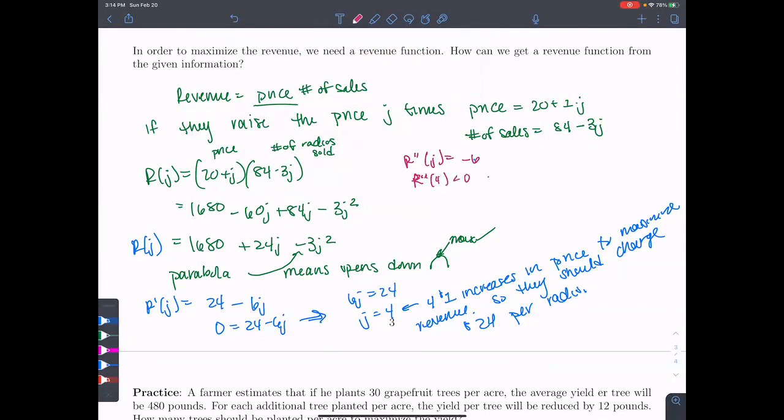So this is concave down like a frown, which means we would have our maximum that we're looking for. R of 4 is equal to 1728. So we have a max revenue of 1728 at $24 per radio.